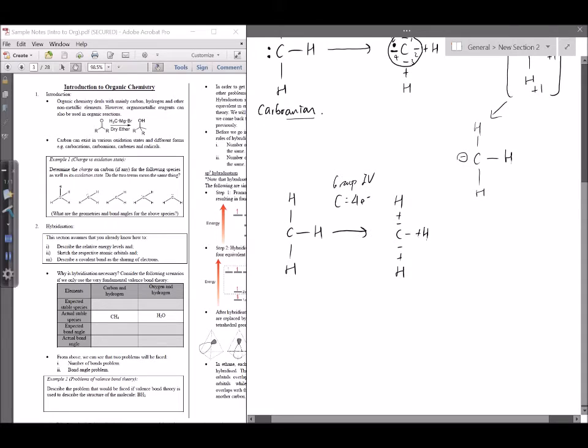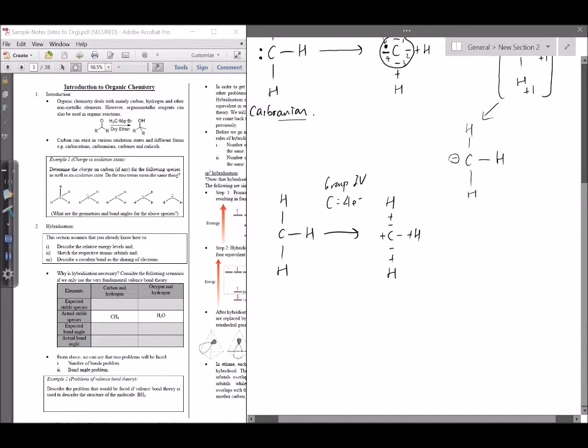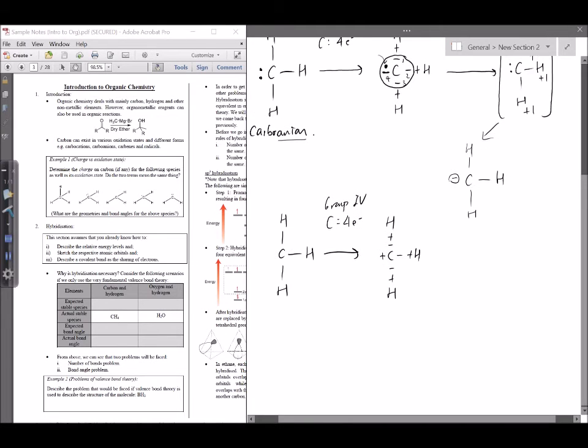But for now, it only has 3 electrons. So what does it mean? It means that the additional electron must have been given away to something else, right? So now what this means is that this carbon now should have a positive charge because it has given 1 electron. So it will have a charge of positive, right? In replacement of that electron being lost.